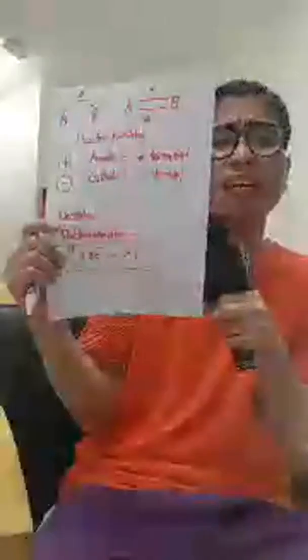Now, we have the 96485 coulombs per mole of electrons. Now, how many moles of electrons here? As I told you over and over again, guys, the coefficient of a certain number, variable, element, or substance is the number of moles. It's not the number of atoms. Again, I always emphasize that in my discussion.